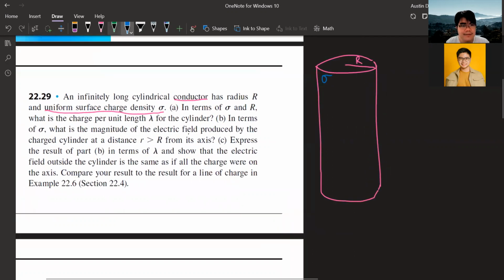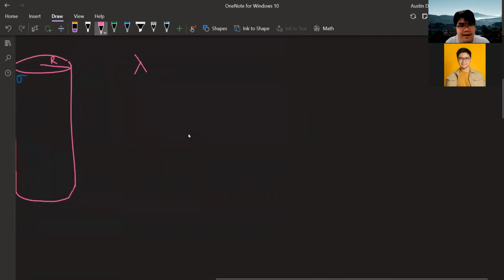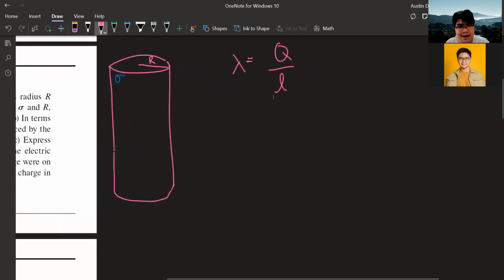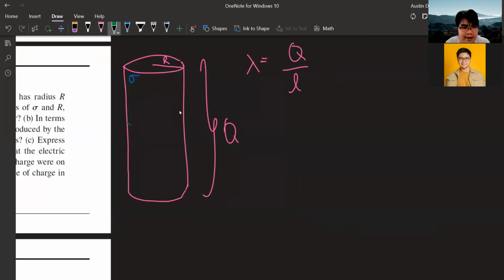So lambda is charge per length. So kung imagine natin, kung yung kabuuan yung titignan mo, this would have a charge Q. And then Q per L would be this little strip here. Yeah.